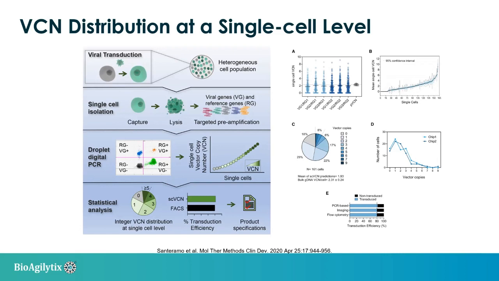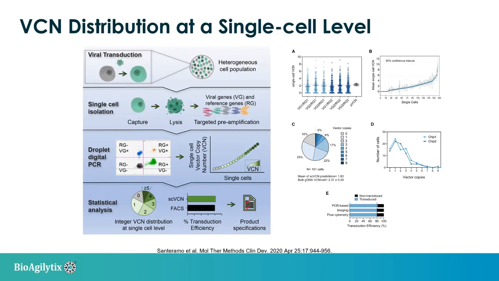For example, the patient-specific donor cell material or the lot-to-lot variability of vectors may cause a change of VCN distribution, but the population VCN could stay the same. To overcome the disadvantage of population VCN, several groups started to measure viral vector integration at the single-cell level.